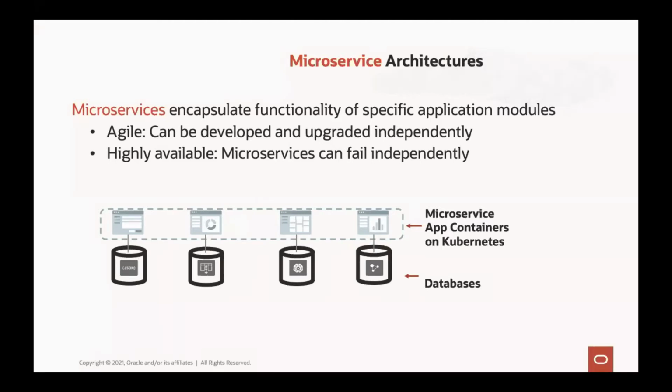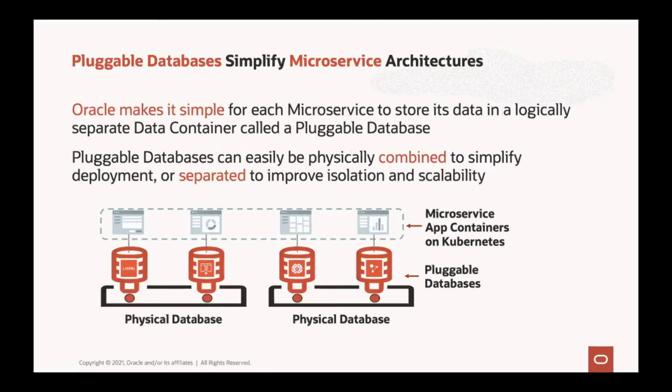You can change a container in a very short time, and you can update the application with completely new features. Make it highly available. For example, you can fail individual containers and the application will still continue to run. And there are many advantages to containerize the application modules using microservices, for example.